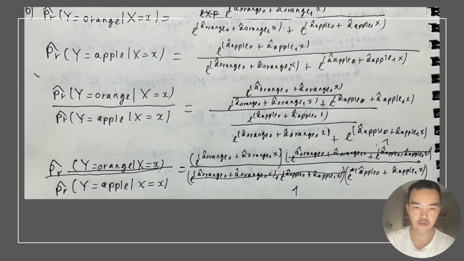In the previous problem, we subtracted the probability of orange from 1, but if we use the softmax coding, we don't need to do that, because in the numerator we write the exponent to the power of the coefficients for the apple, and in the denominator we write the total sum of all probabilities.